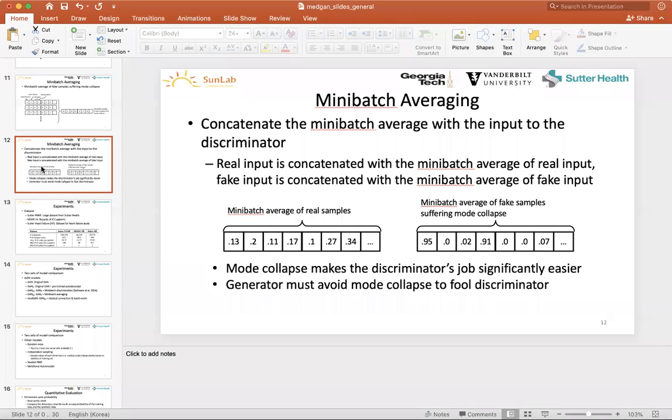And the same thing can happen for MedGAN, for generating tabular data. So in order to avoid that, what I suggested is a technique called mini batch averaging. Just to recap, if your generator has fallen into a mode collapse, then the mini batch average, or the mean value of your mini batch, would look like this.